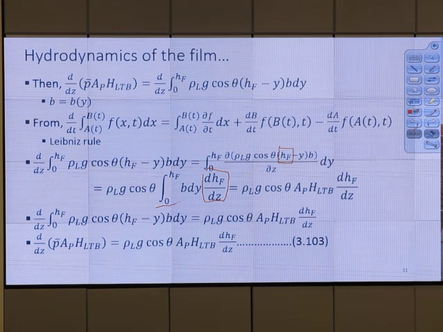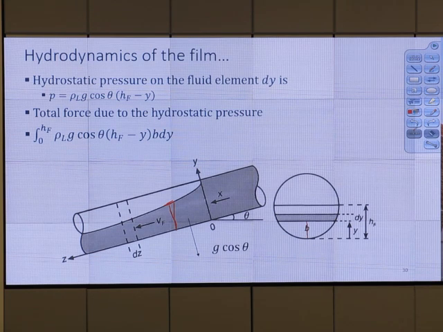And integration of b dy from 0 to hf is, oh, who wants to answer? Vega. What's that? Integration from 0 to hf of b dy. The area. Yes, the area, right? b dy, when integrated, we get this area, film area.